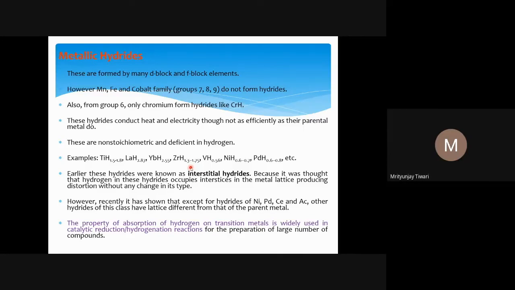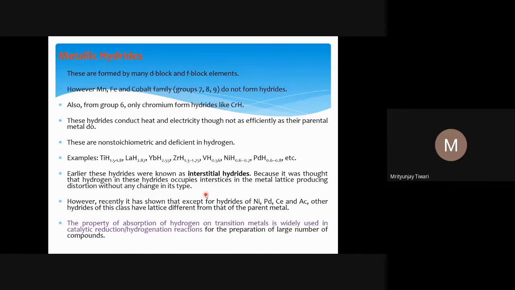People believed that hydrogen goes and sits in those interstices or voids, and it was also called occluded hydrogen, because they thought the actual lattice of the metal is not disturbed. Hydrogen occupies interstitial positions in the metal lattice, which might produce a bit of distortion, but that doesn't change the lattice type. The lattice type is still the same.